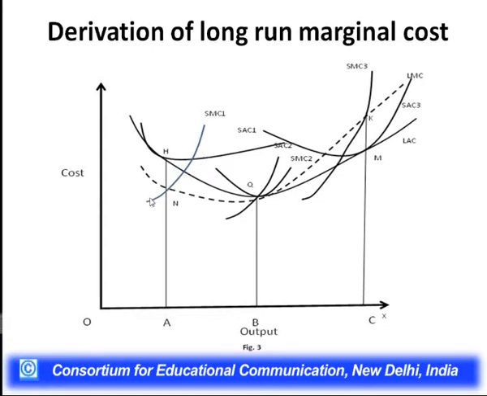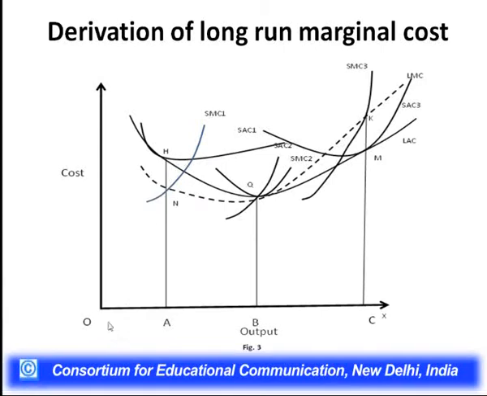So we will draw SMC of the 3 plants: SMC 1 cutting SAC 1 at its minimum point, SMC 2 cutting the minimum of SAC 2, and SMC 3 cutting SAC 3's minimum point.